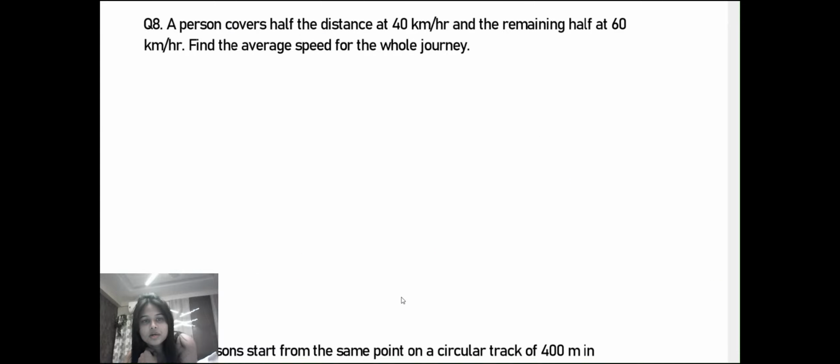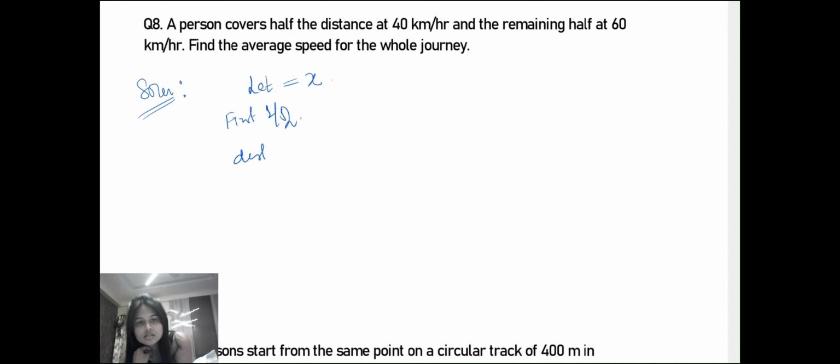Now, given a person covers half the distance at 40 km per hour and the remaining half at 60 km per hour. So let us assume that total distance is x. Therefore, first half distance is half x.